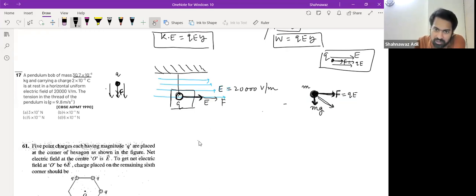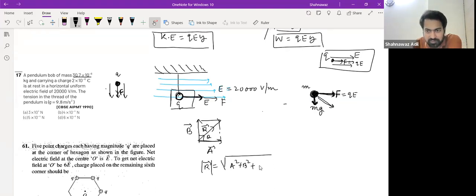So this is one vector A, this is another vector B, and they are perpendicular. We know the resultant would be this, and this is theta, right? The magnitude of the resultant is A square plus B square plus how much?